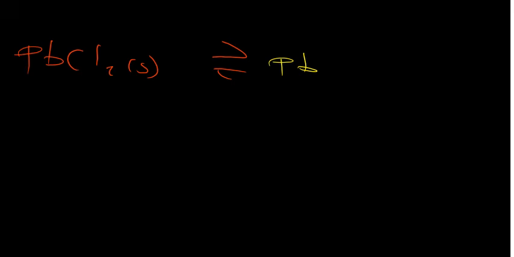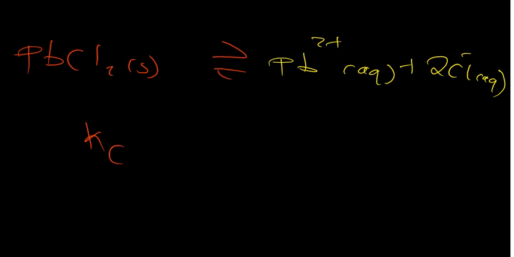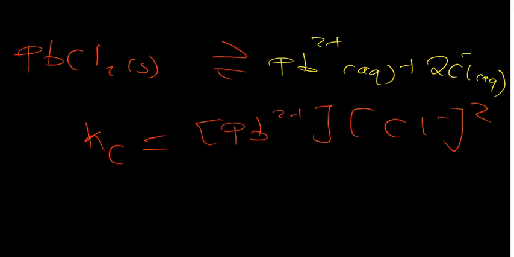Hetero means different. So for heterogeneous, I can even give you an example. Just like I emphasized, you need to understand that our calculations for Kc are only dependent on aqueous and gaseous states. So in this kind of reaction, our Kc expression is just going to be the products to the power 2.